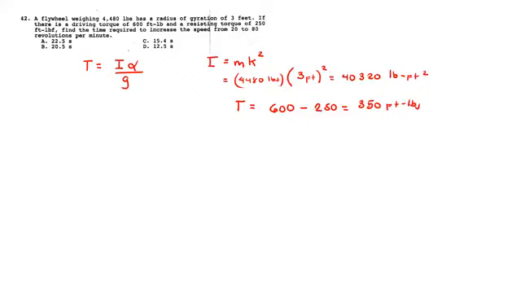Then meron tayong torque inertia, yung alpha. Hinahanap natin si alpha. Torque natin is 350 foot-pounds is equals to I na 40,320 pounds-foot squared times alpha divided by G na 32.2. Maka-cancel dito si pounds.